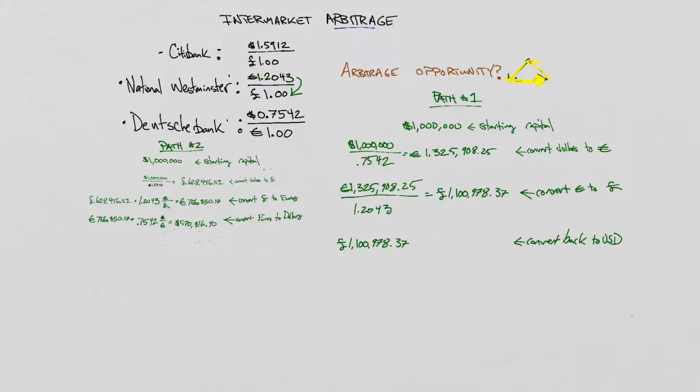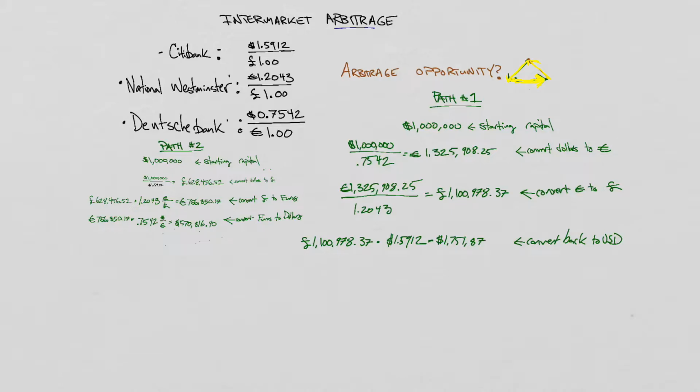If I'm going from pounds to dollars, then I know this number is going to be larger. So this pound figure going to dollars is going to be multiplied by this exchange rate that Citibank is offering of $1.5912 per pound. And that total is going to equal $1.75 million.